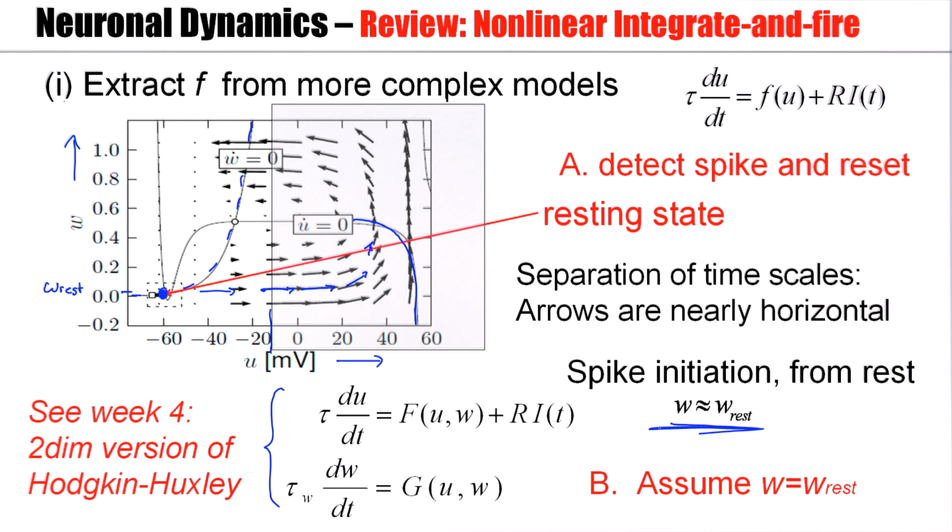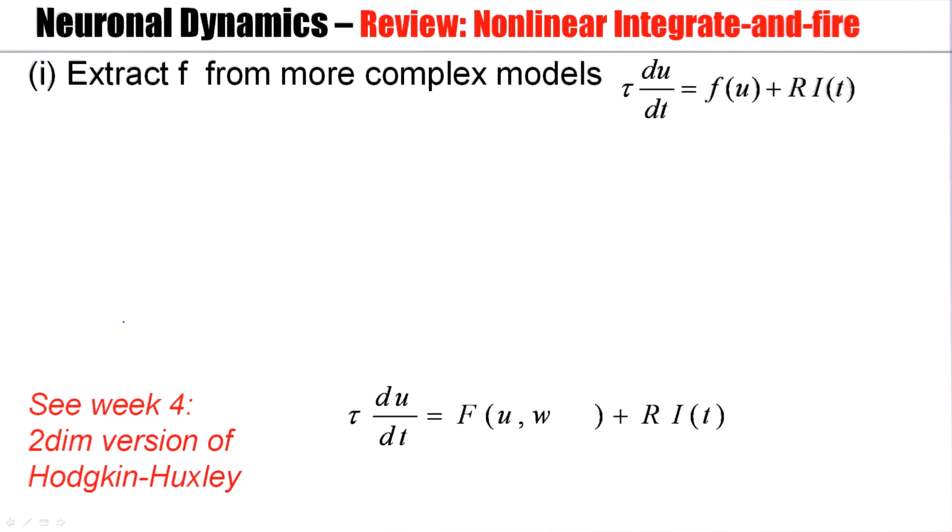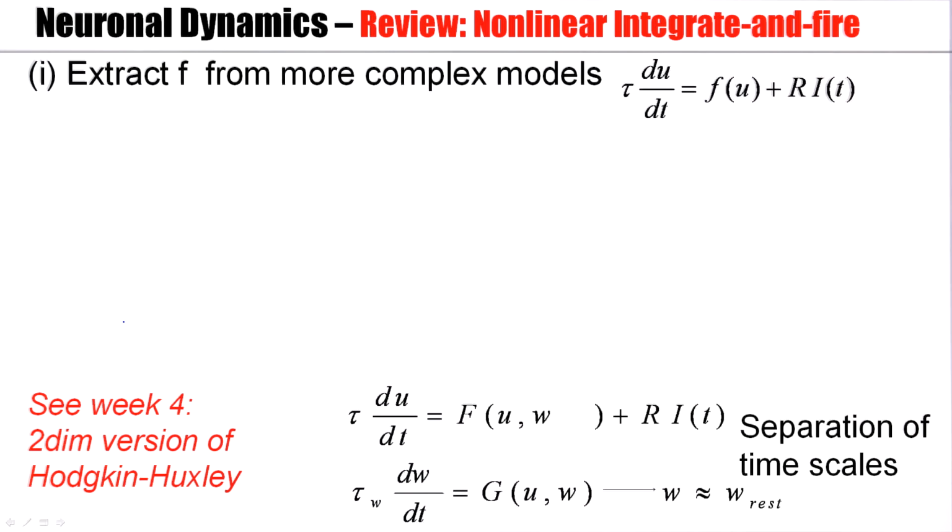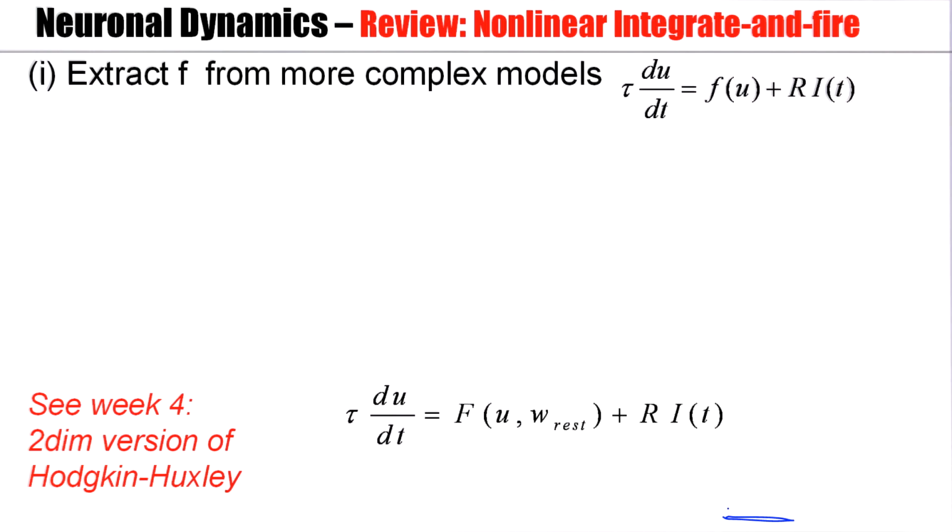And that means we may assume that in this region here, just in this region, W is equal to W rest. We plug this back into this equation, W equal to W rest. So this becomes W rest, and the second equation just disappears.